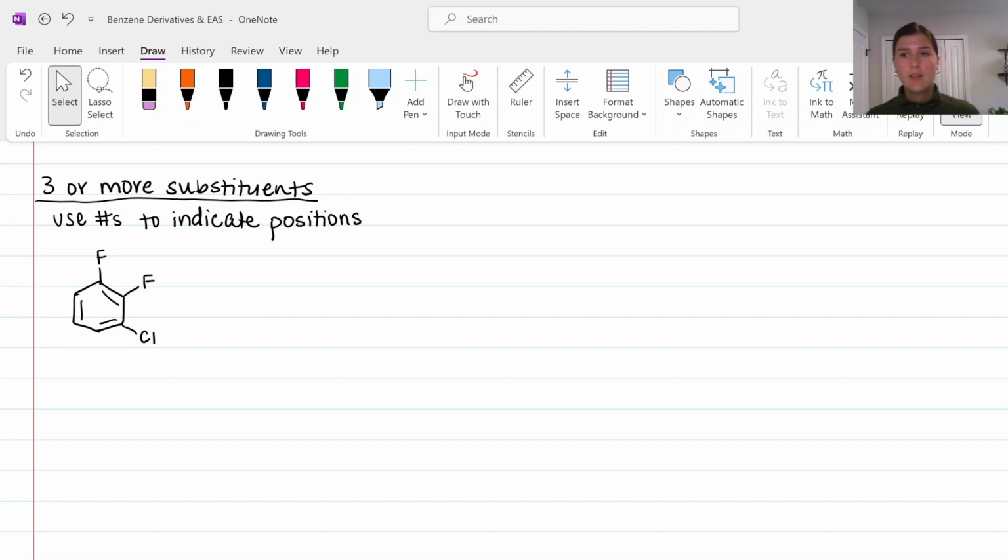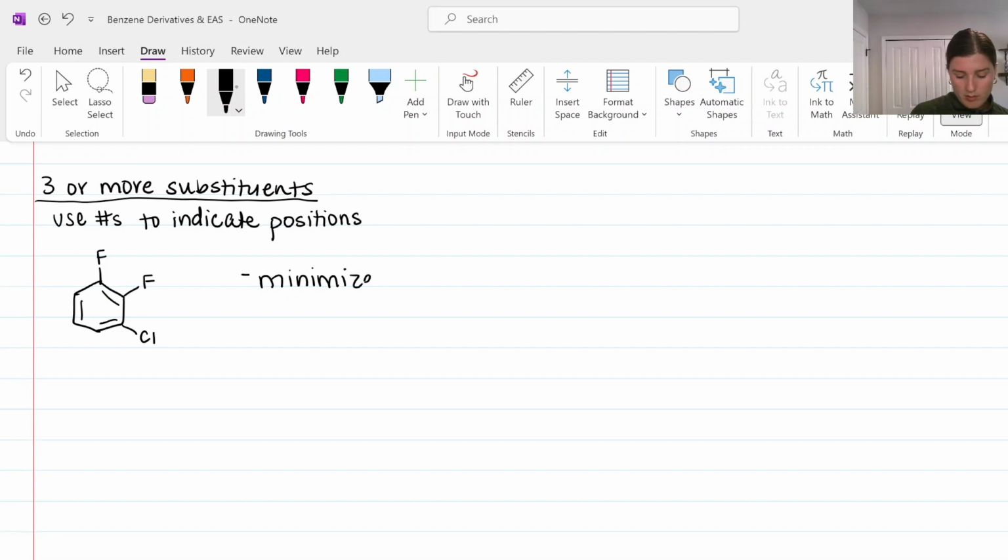As you're naming these benzene derivatives, the first goal is to minimize numbers. So you want to use the lowest numbers possible. You give the lowest number on a parent group, so that's a common name, the CH3, OH, or NH2, toluene, phenol, or aniline. So you'd give the lowest number to that group if there is one.